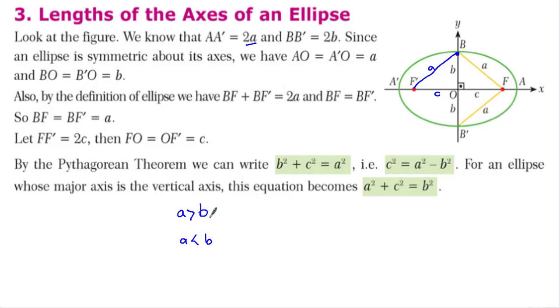If A is bigger than B, then the formula should be C square plus B square equal to A square. So the figure should be this kind of ellipse. If A is less than B, then C square plus A square should be equal to B square, because A is less than B. Then the figure should be in this form.